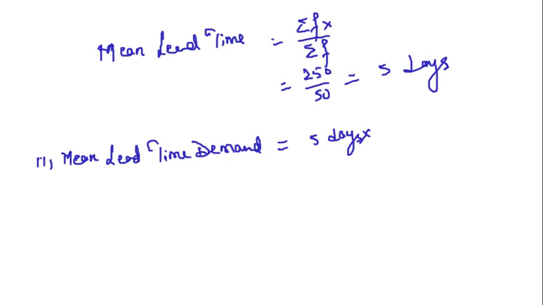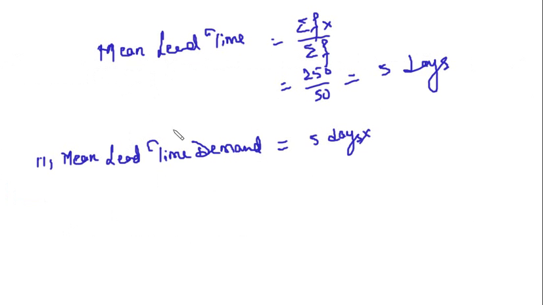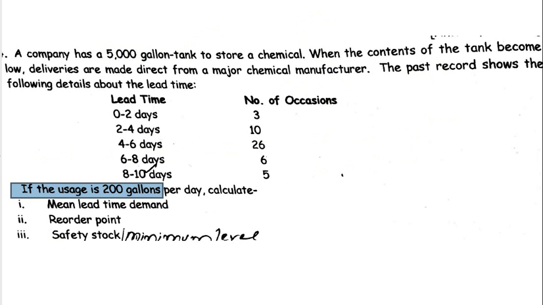And what is the consumption per day? It is given the usage per day is 200 gallons. So in 5 days, what will be the demand? 200 gallons. So this comes to 1000 gallons. Right?